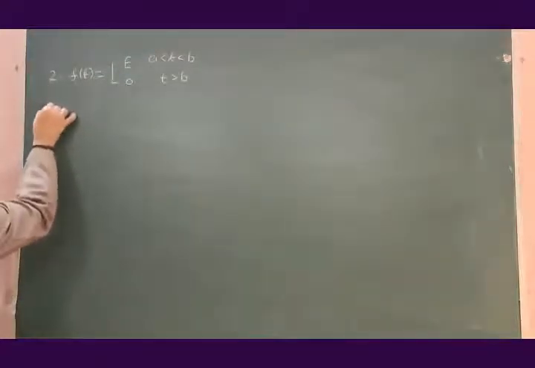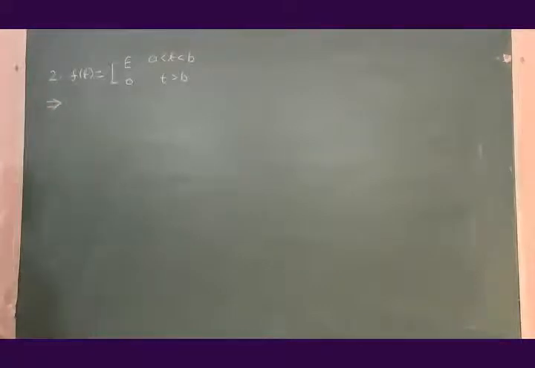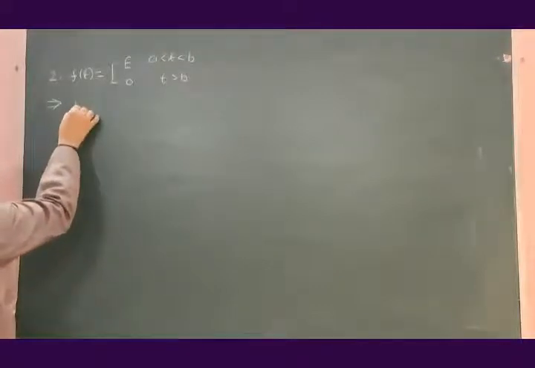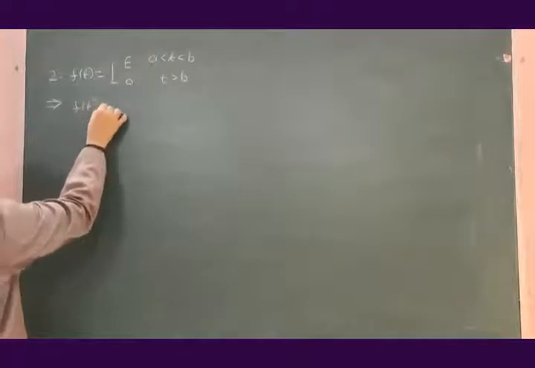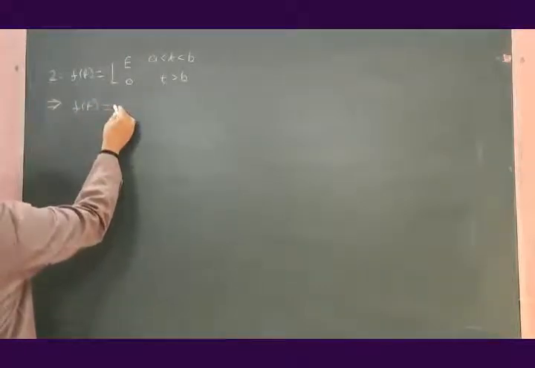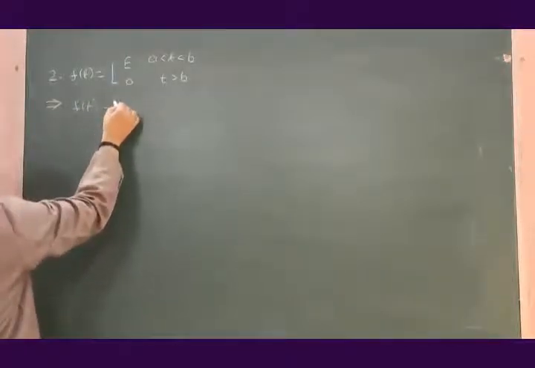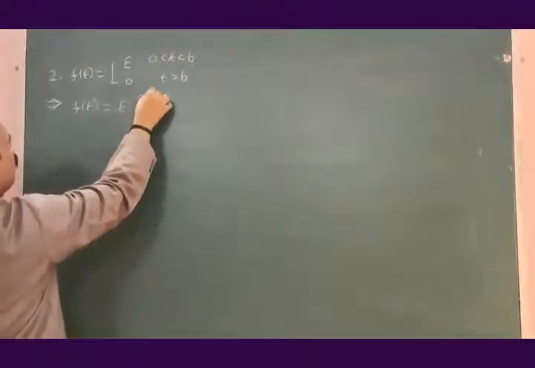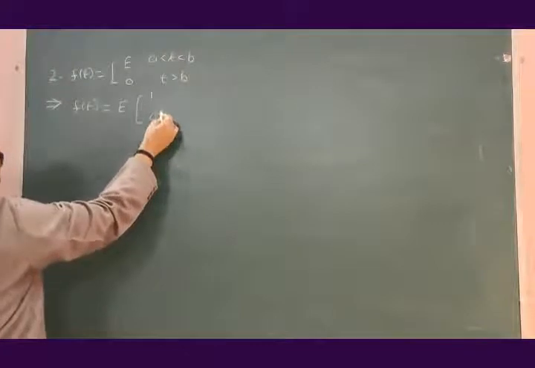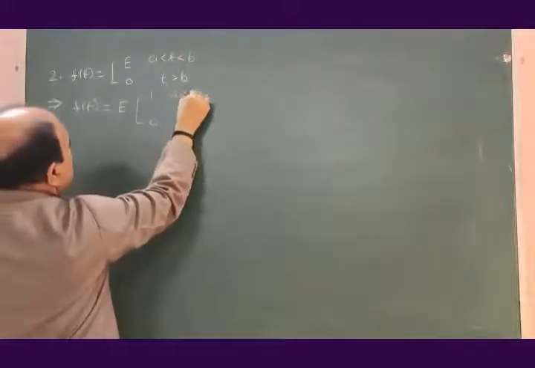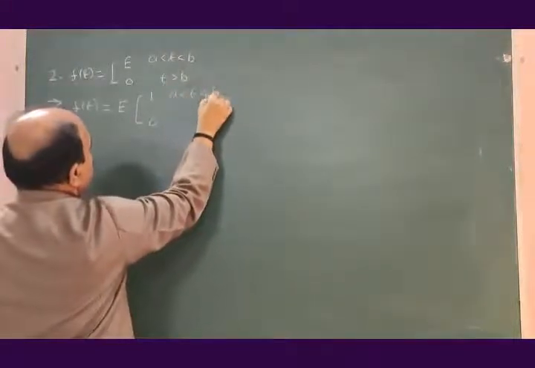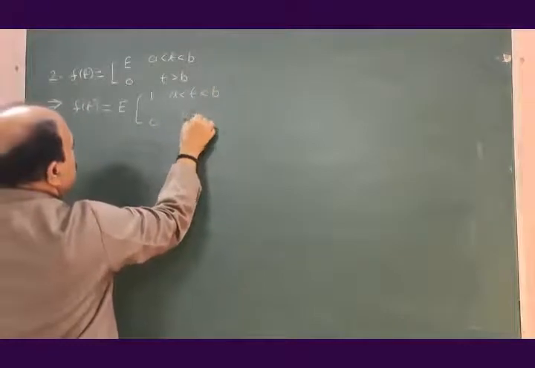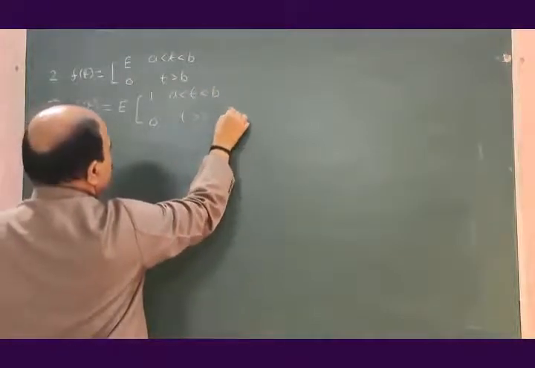The solution: f of t is equal to, let me take this e common. So 1 is left here, 0 is left here. It is corresponding to this condition.